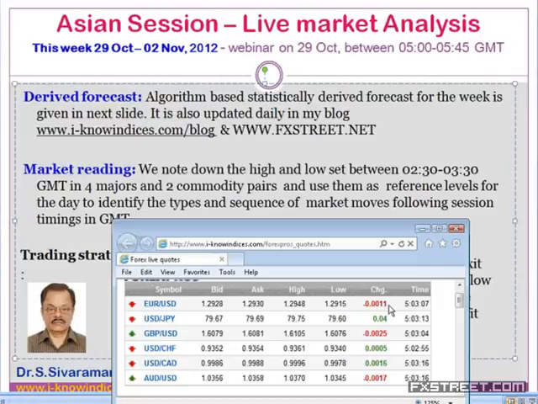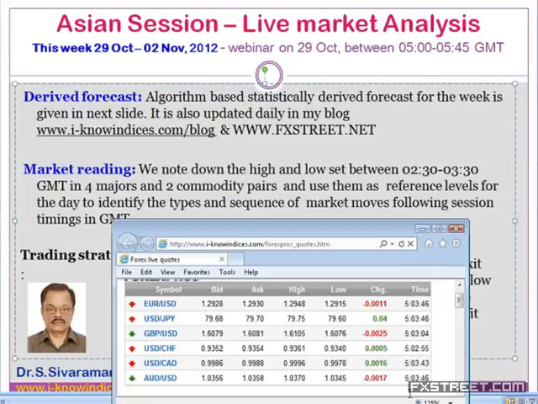Net change is nothing but the current market level pertaining to that of the previous day close. The previous day happens to be Friday close for us, because we are in the beginning of the week. From that Friday close, Euro is now currently 11 pips lower and USD Yen is 4 pips higher. GBP is 25 pips lower than that of Friday close.